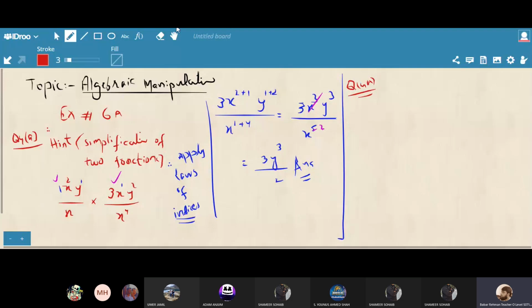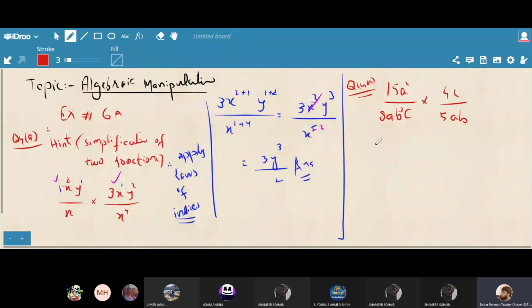So now I'm starting question number 4a: 15a square upon 8ab cube c, and then multiply by 4c upon 5ab.